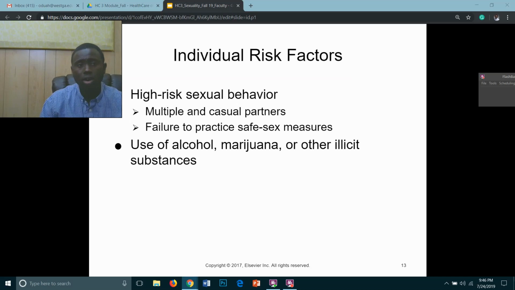The use of alcohol, substance abuse such as use of illegal drugs or illicit substances can impair judgment, leading to engagement in risky behaviors. The sharing of needles associated with certain drug use or IV drug use such as meth can also promote infection and sexual ill-being.